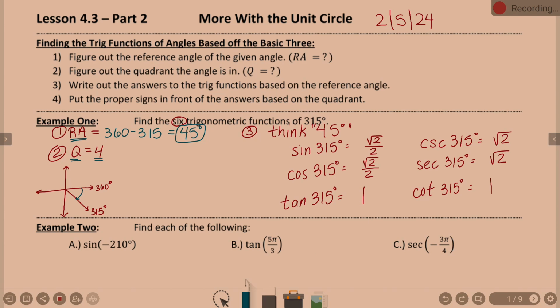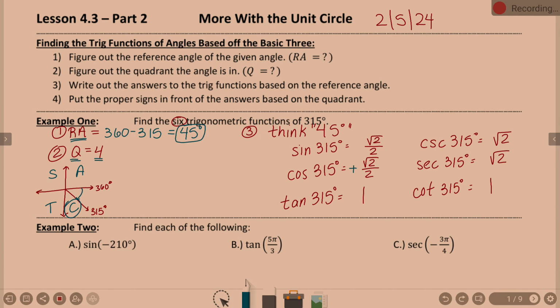My phrase is, all students take calculus. What matches up with quadrant 4? Cosine. Calculus, which stands for cosine. So what does that mean? Since we're in the cosine quadrant, cosine is positive.